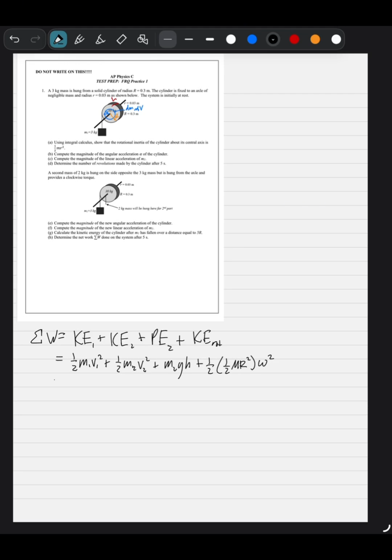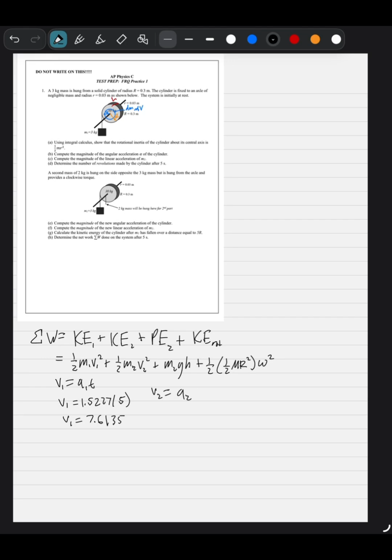To find V1, we can use this formula. And since it's starting at rest, we don't need to add initial velocity. Our A1 was already found and set after 5 seconds. So V1 would equal 7.6. For V2, we can do the same, but our acceleration is different now.